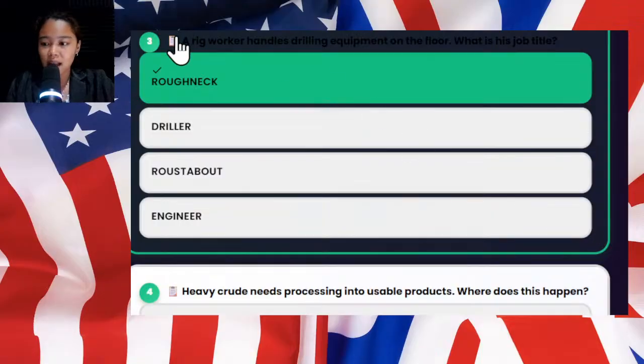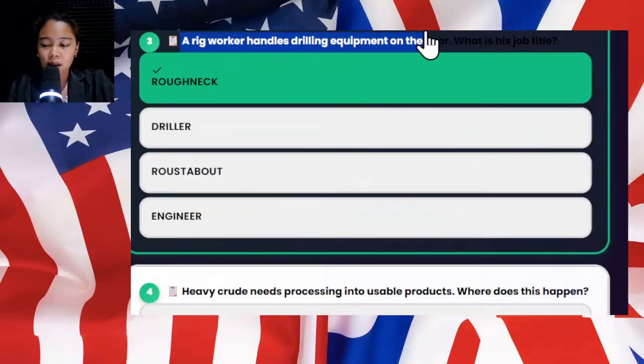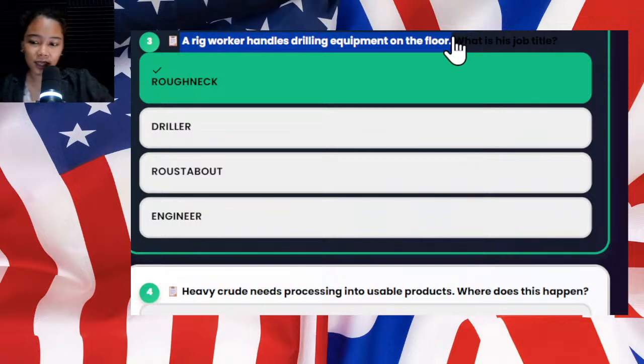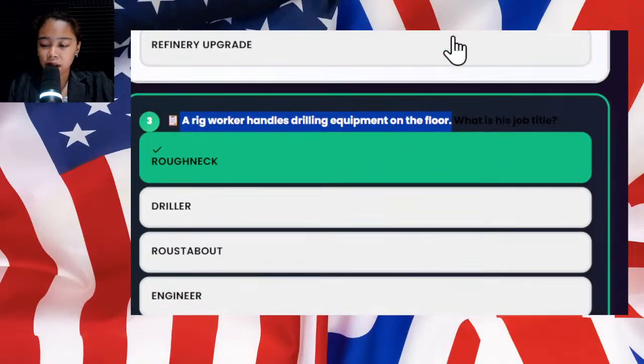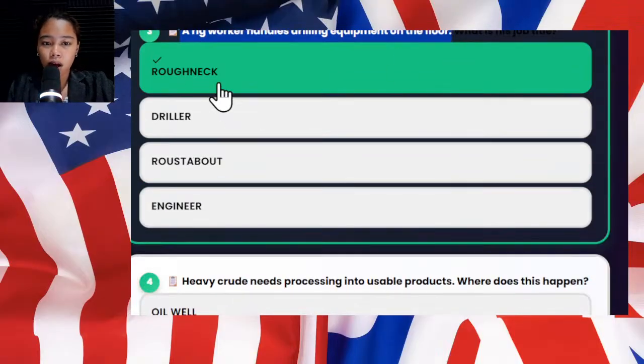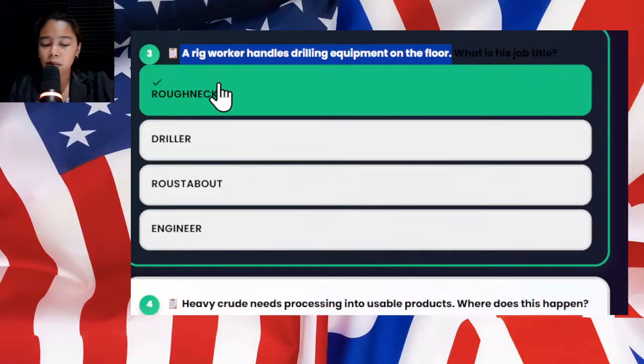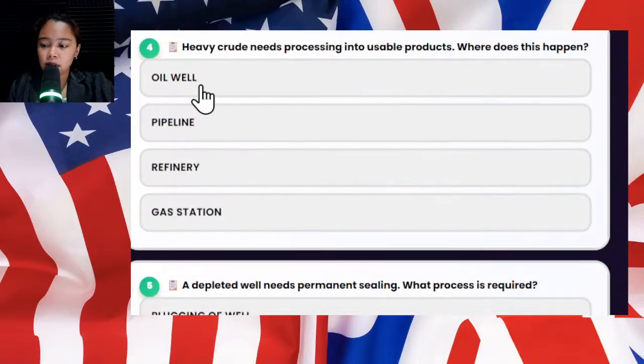Okay, that's correct. A roughneck is someone who handles drilling equipment on the floor. Now, roughneck is a combination of two words, but it is one word here. Okay, let's move on to number four.